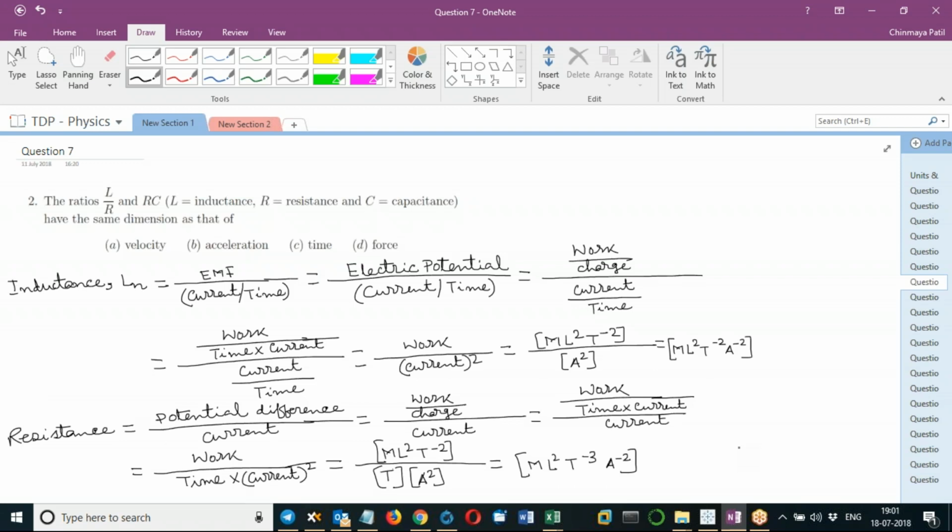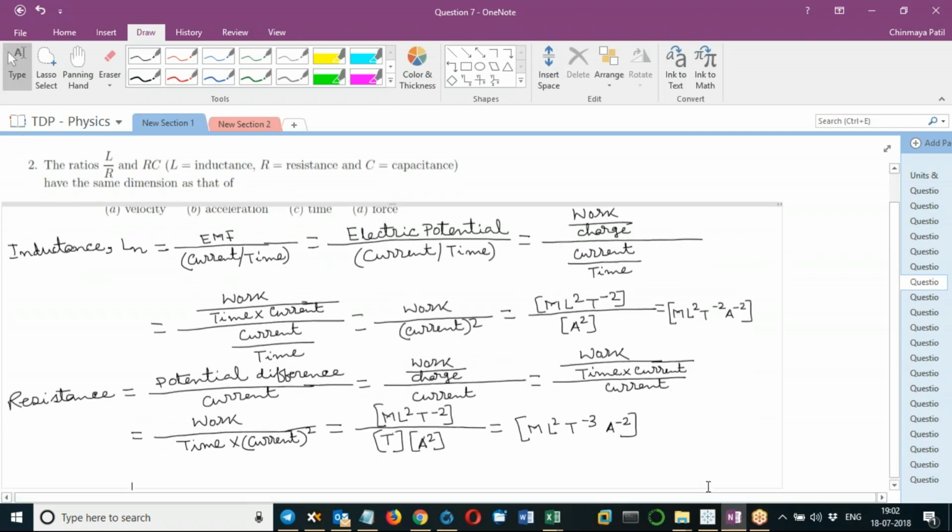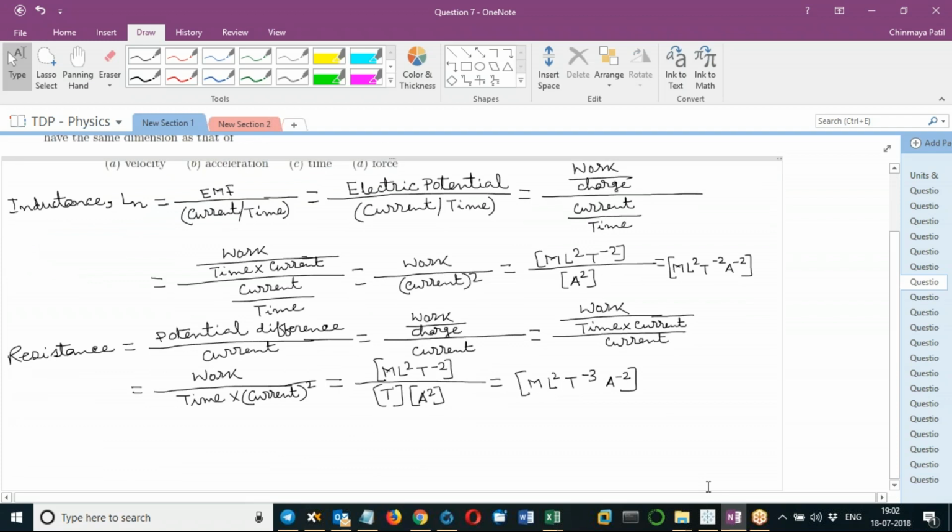In a similar manner, if you do it from the capacitance, you will get the similar result. So let's do it. Here I am going to derive how we are getting the capacitance. So let's see how we can derive capacitance. As you know, the capacitance is equal to charge by potential difference.